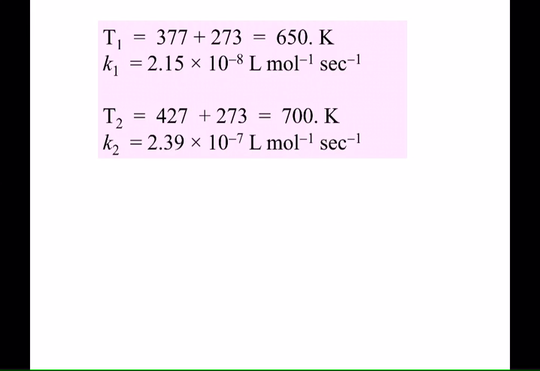So up here in this little pink box is the raw data again, with a little bit of manipulation. The temperatures need to be converted to absolute temperature, so you can see where we need to add 273 to both temperatures. That gives you 650 Kelvin for the first temperature and 700 Kelvin for the second temperature, known to 3 sig figs, or known out to the nearest ones of a unit.